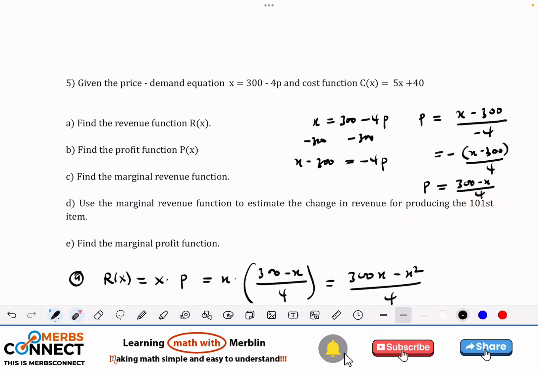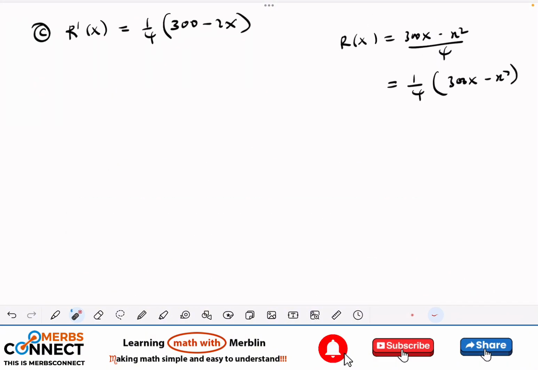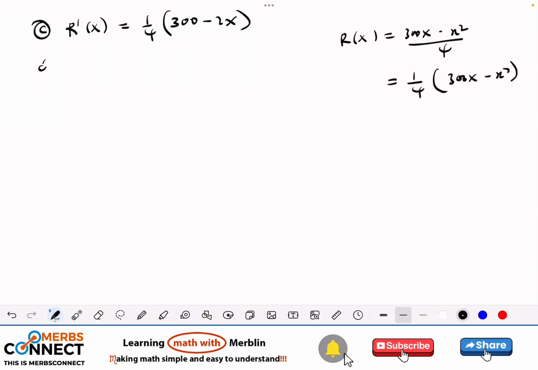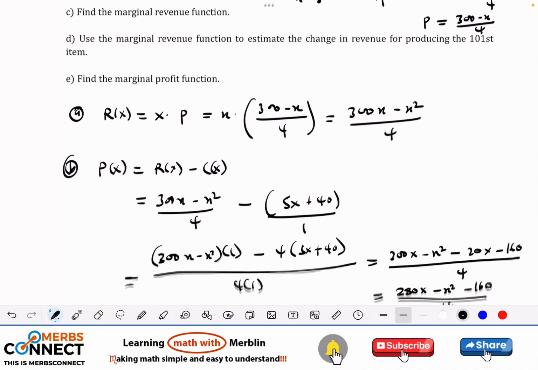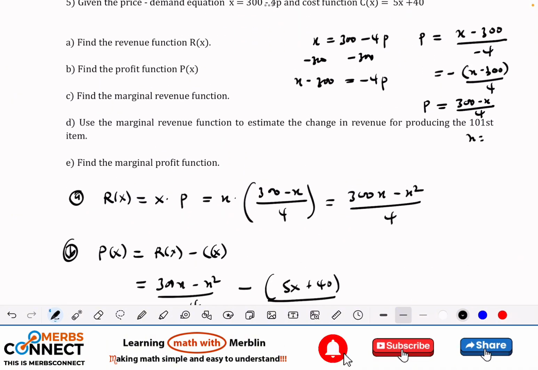So our x will be equal to 101 minus 1, which gives us 100. But if they said x is equal to 101, then that will be our x straight away. That is something you need to keep in mind.